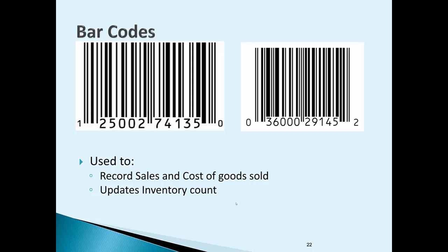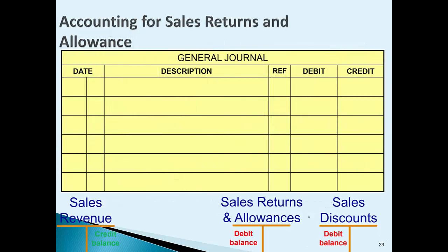So it updates the cost of inventory and it updates the count of inventory. And the system, if it's robust enough, could even automatically do purchase orders. If you get to like 5 widgets left on the shelf, it can automatically order more widgets. So now let's look at recording a sales return or a sales allowance.